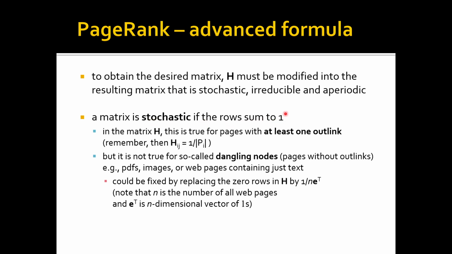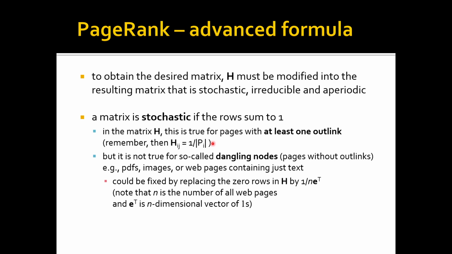And we basically have an almost stochastic matrix H, because we already normalized all of the non-zero values in the matrix to 1 divided by the number of outlinks, which is the number of the non-zeros in the row. So we basically already have rows summing to 1 in cases where there is at least one non-zero value in the row.